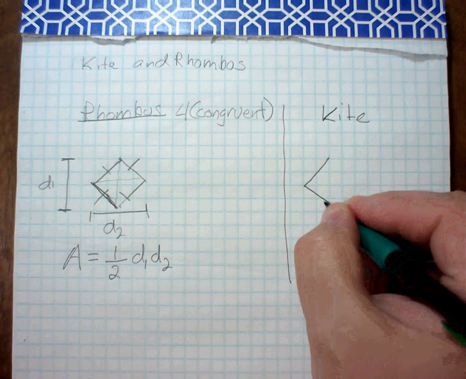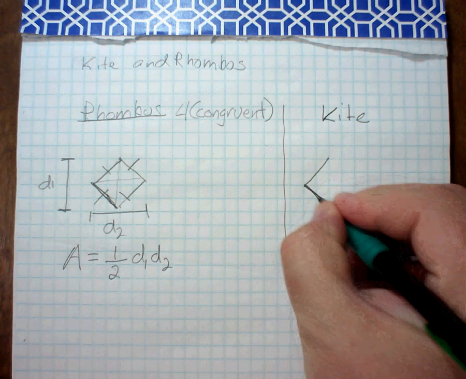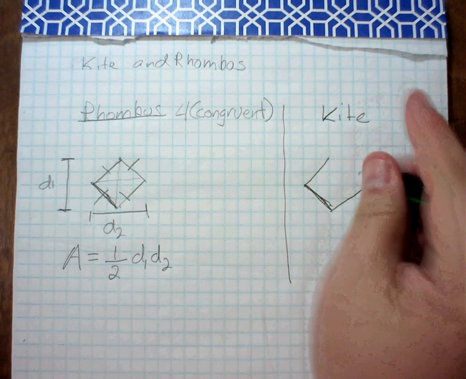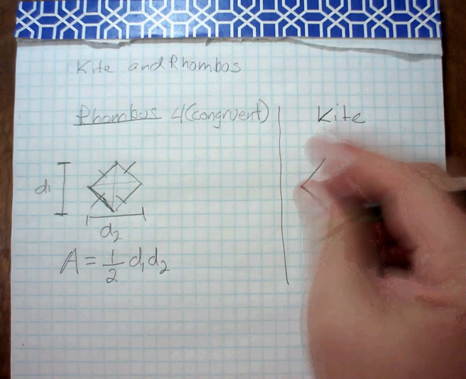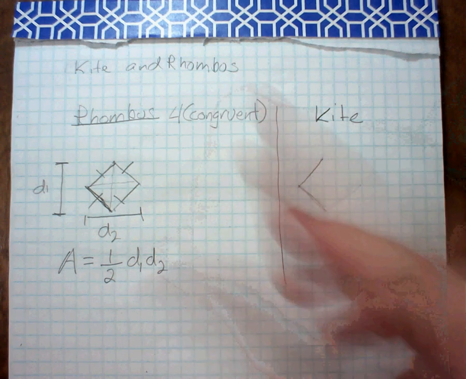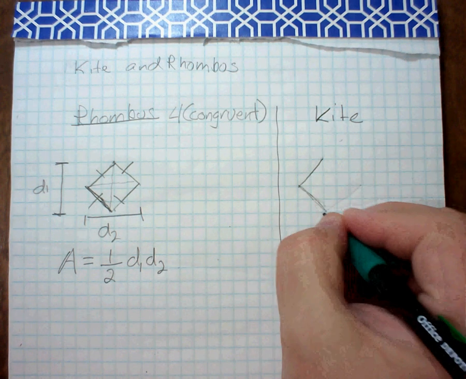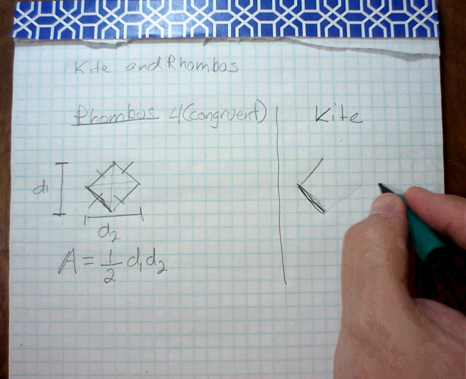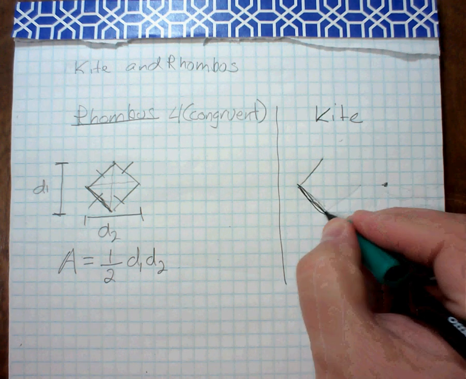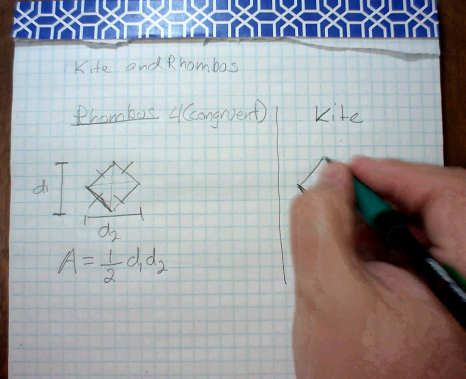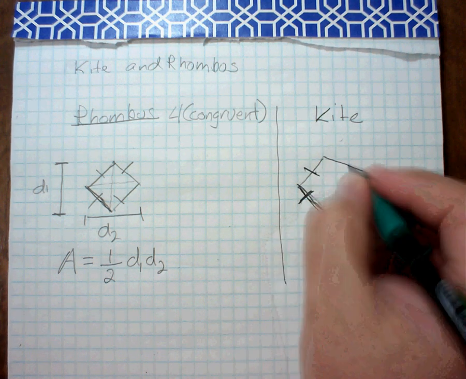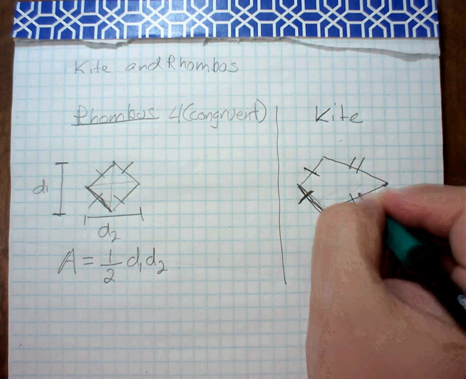And well, let me overemphasize. So we'll take it out to here. In other words, we have 1 pair of congruent sides and then 2 pairs of congruent sides.